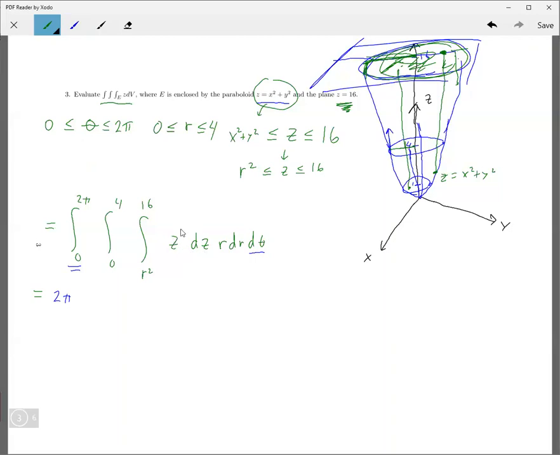Now you have to integrate z. That's z squared over 2, times r, going from z equals r squared to z equals 16.